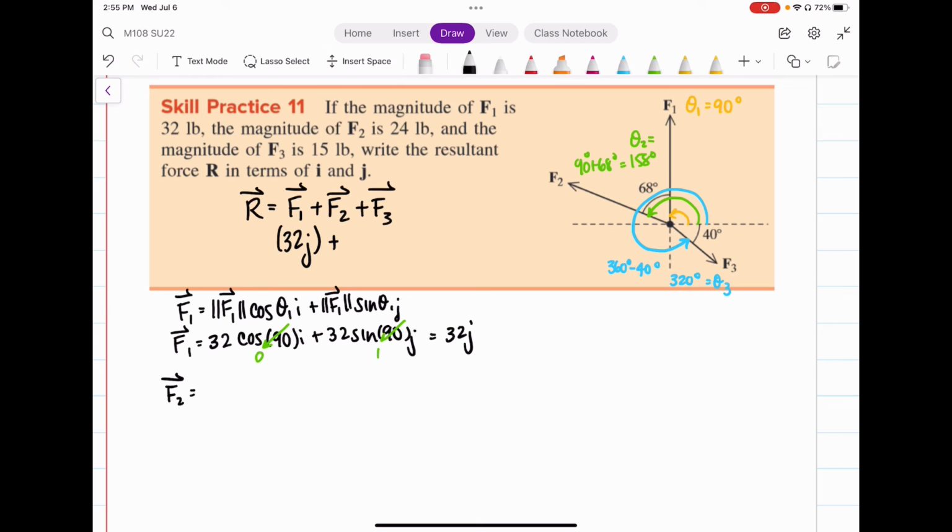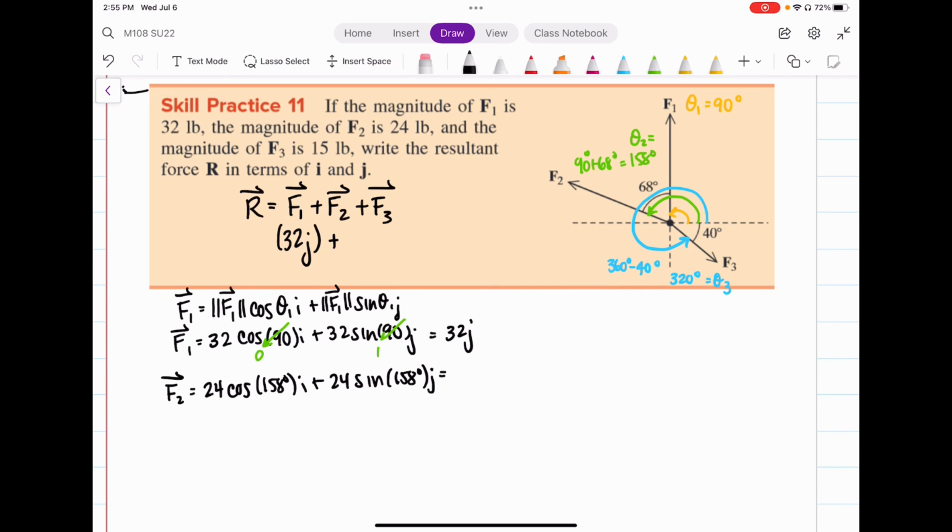Force vector 2 has a magnitude of 24 pounds, an angle of 158 degrees. With my calculator in degrees, I get that force vector 2 is equal to negative 22.3 i plus 9j.